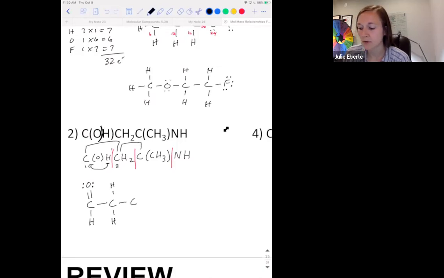There's carbon number 3. And now we have a CH3 group in parentheses. What does that look like? You had one of these on your Lewis structure dry lab. So it's in parentheses, which means it's branched. So you should have a carbon with 3 hydrogens branched off.